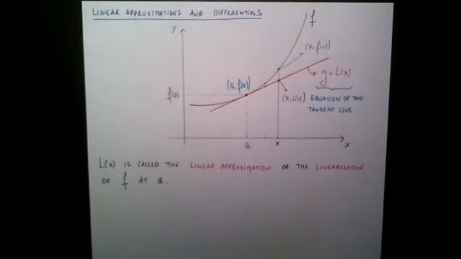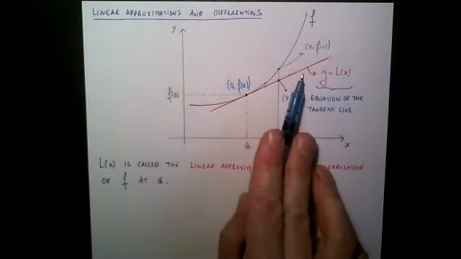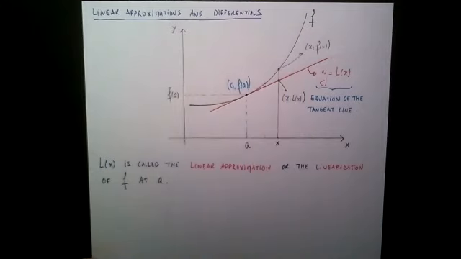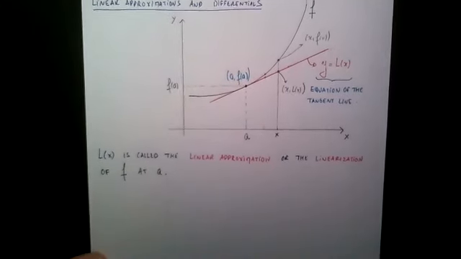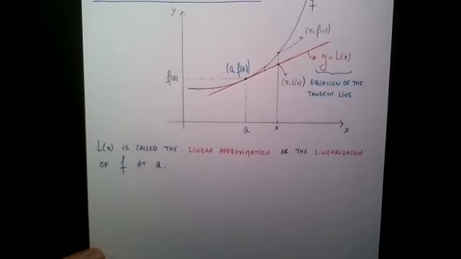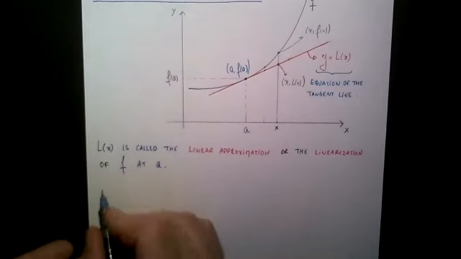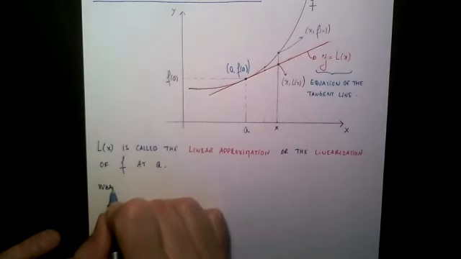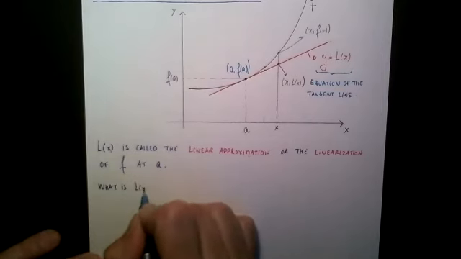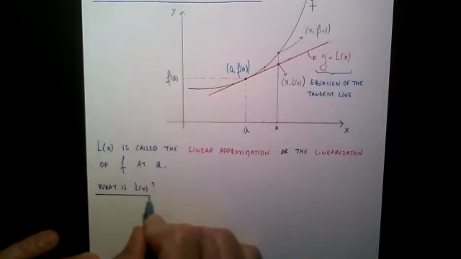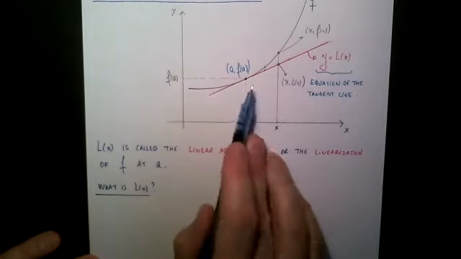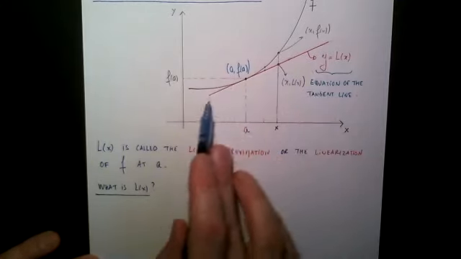So let's find the equation of this line. Now we're looking for the equation of this line. What is L of x? I'm looking for the equation of the red tangent here.